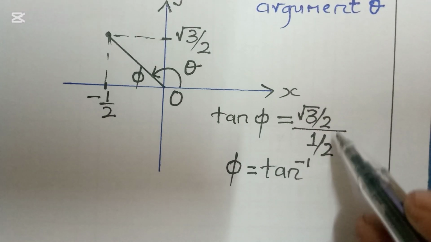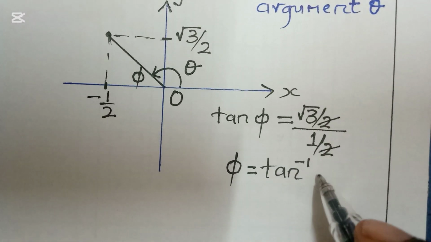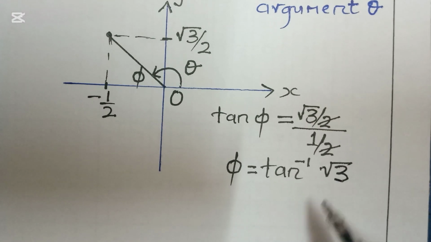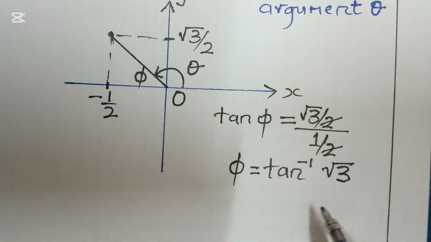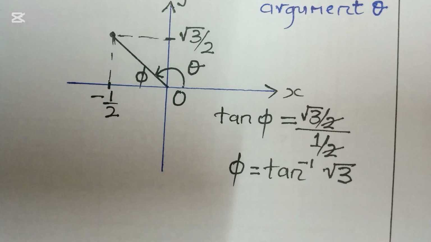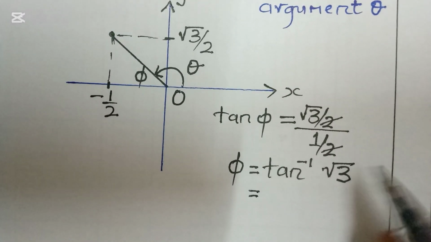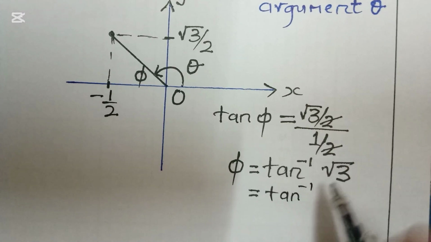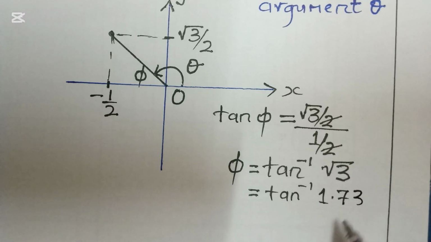For example, guys, we can now cancel, 2 can be cancelled by that 2. So we are left with root 3. And the root 3 is given by 1.73. So we have tan inverse 1.73.